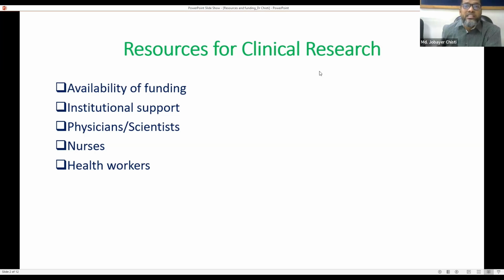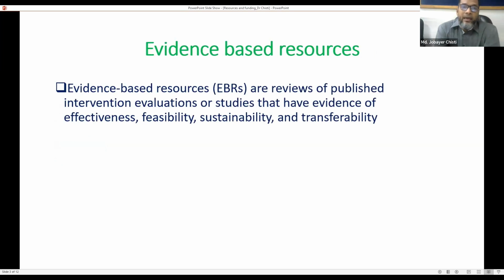So resources of clinical research include the availability of funding as well as institutional support that includes physicians, researchers like scientists, nurses and health workers. And we need to have evidence-based resources that include evidence of effectiveness, feasibility, sustainability, and simultaneously transferability.